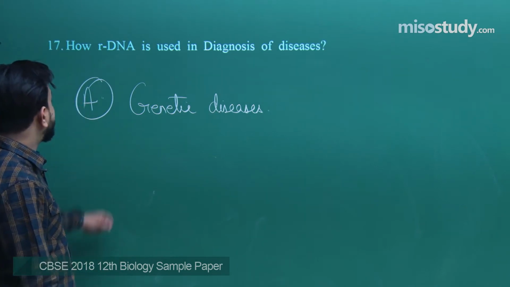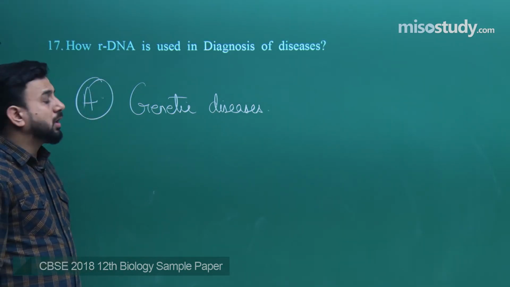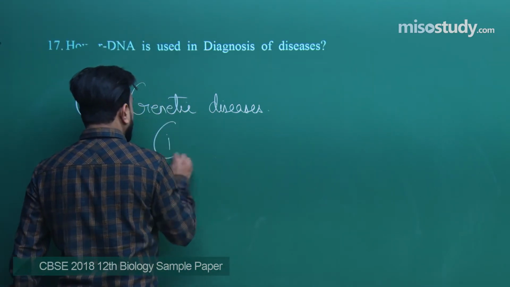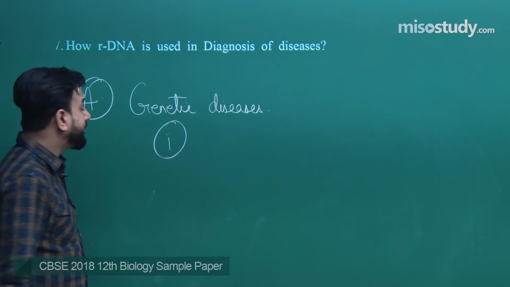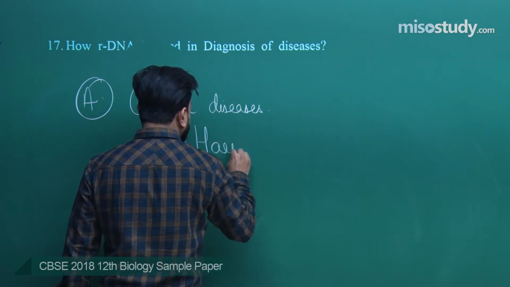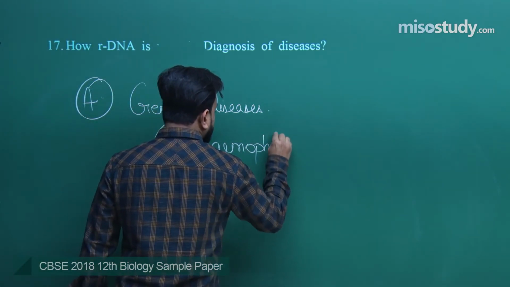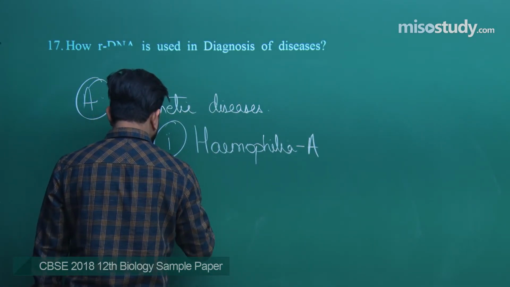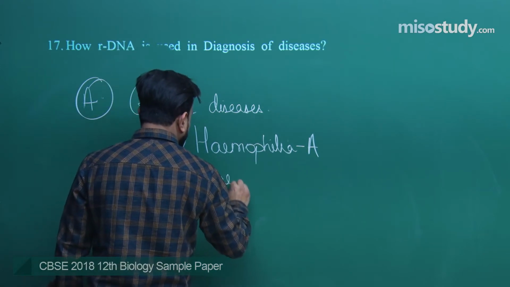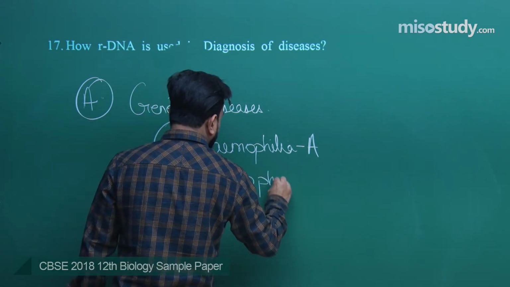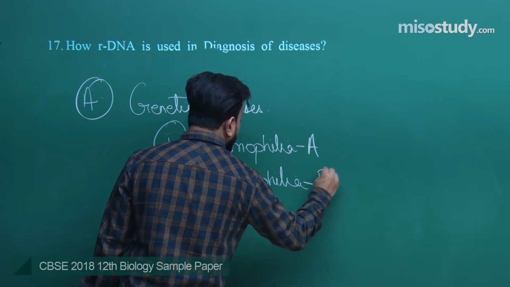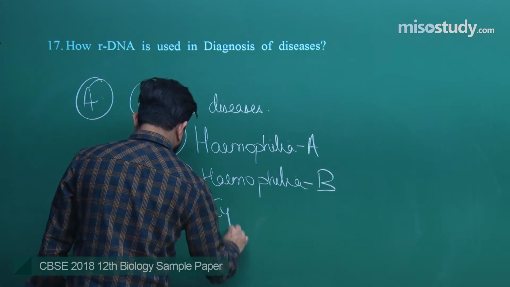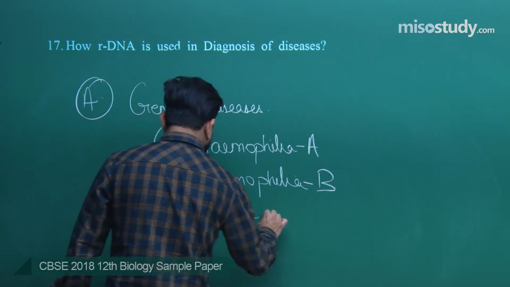Which are the genetic diseases which can be diagnosed? One can be hemophilia A and B, hemophilia A. The next one can be hemophilia B. The third one can be cystic fibrosis.